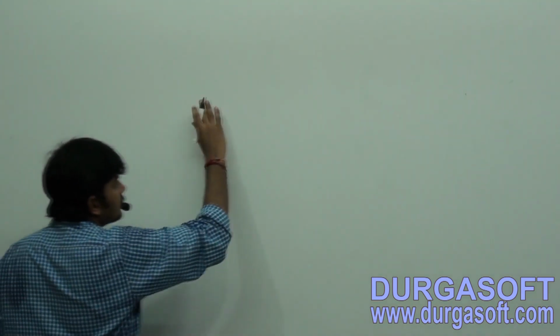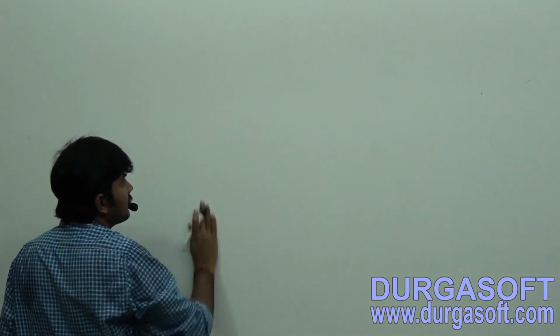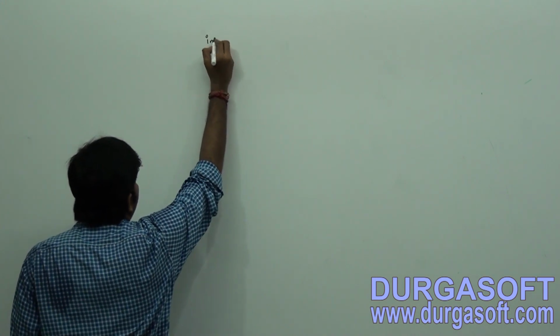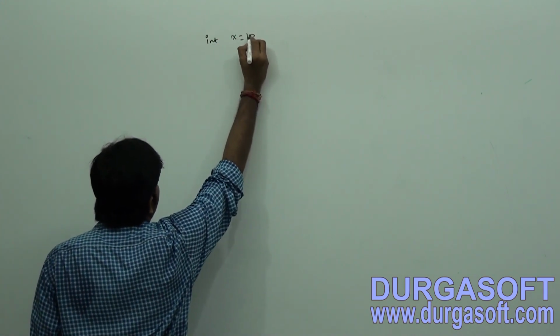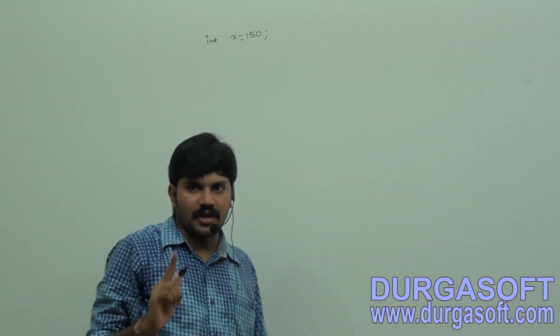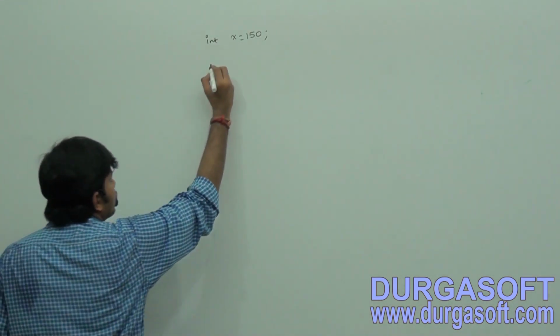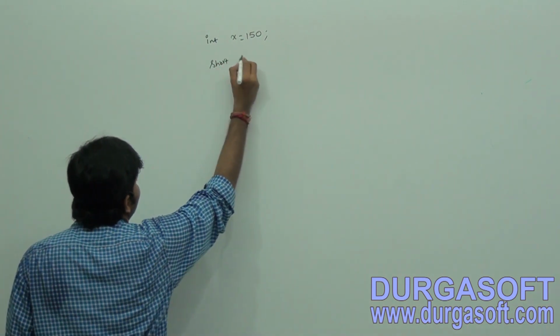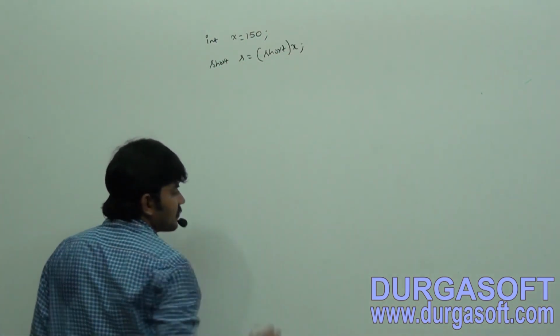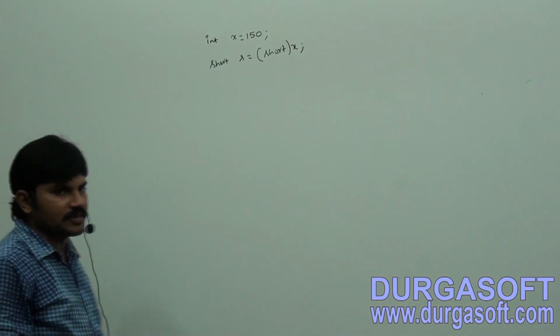Here observe, take special care about this example, right? Here I am taking int x is equal to 150. Now I am taking the value 150. short s is equal to short of x.